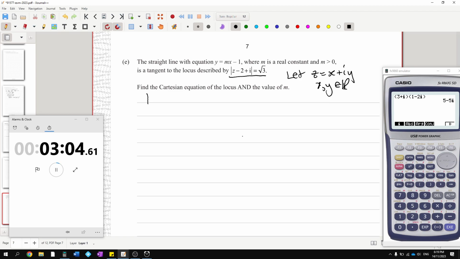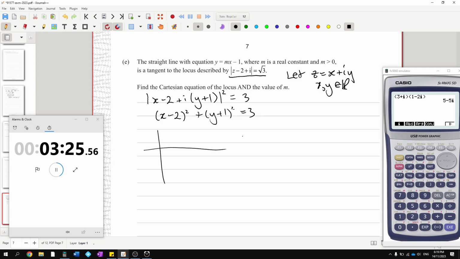And X and Y are real, so it's X minus 2 plus i(Y plus 1), squared is 3. So it's just (X minus 2) squared plus (Y plus 1) squared is 3. Right, and that is going to be a circle whose radius is square root 3.